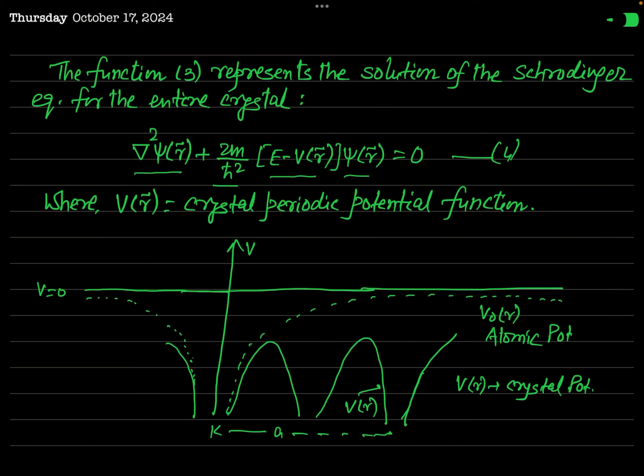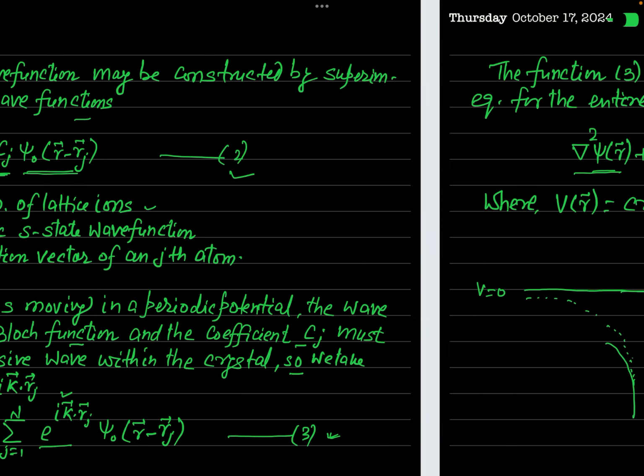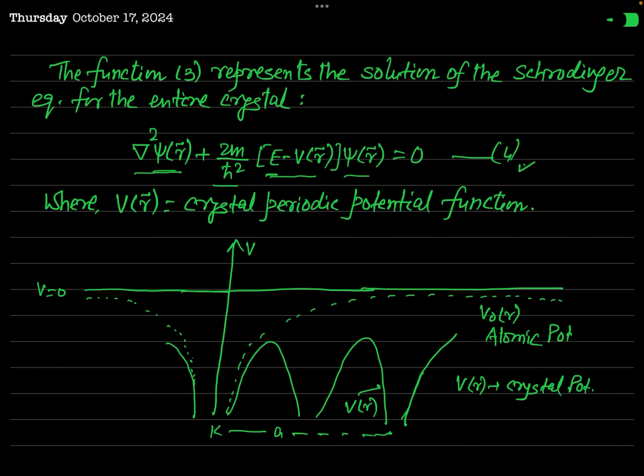Here, this psi of r is the wave function of the electron wave when the atoms are not isolated, but have aggregated to form a crystal, and E is the energy of the electron inside the crystal, not in an isolated atom. This function psi is the solution of the Schrodinger equation defined in equation 4.